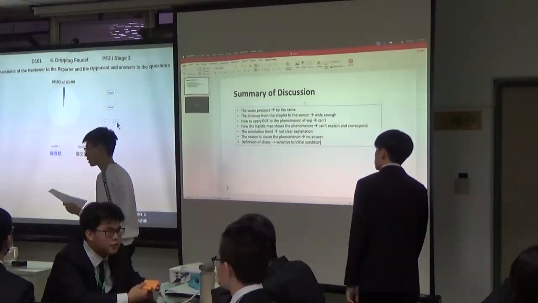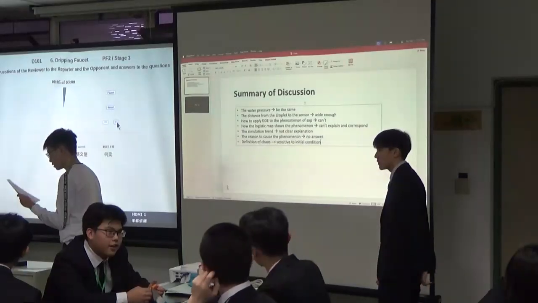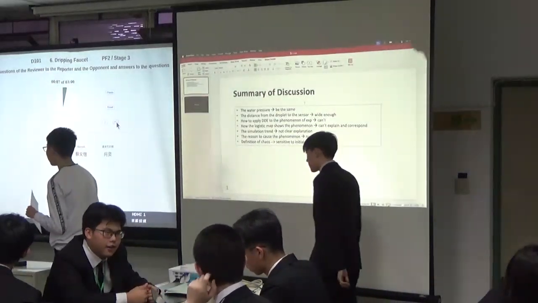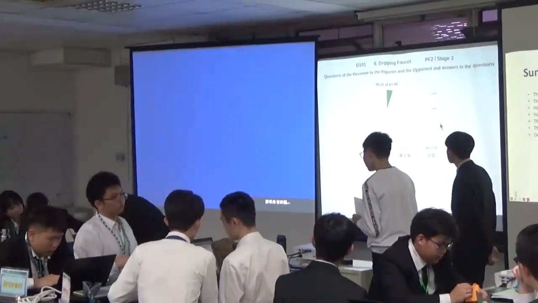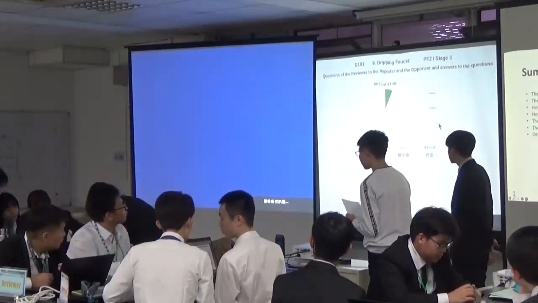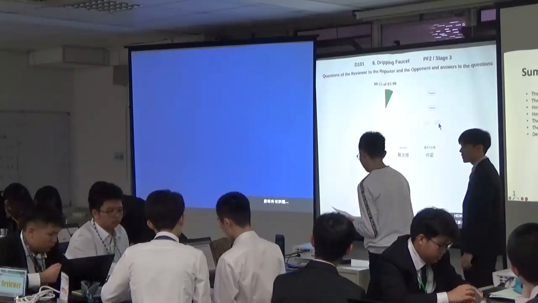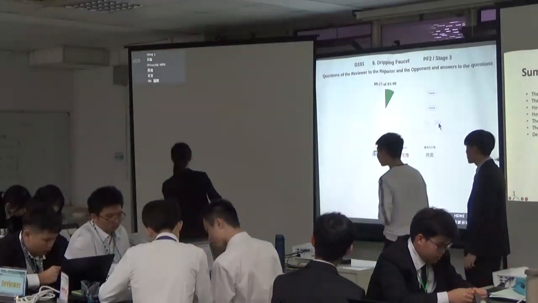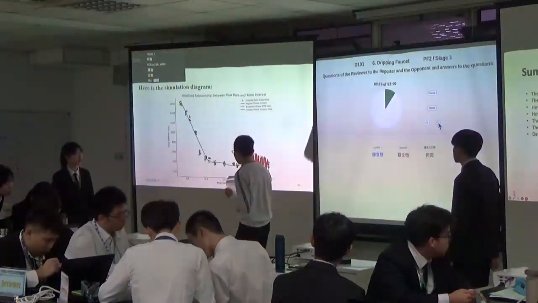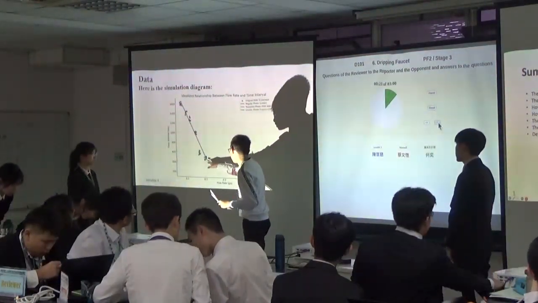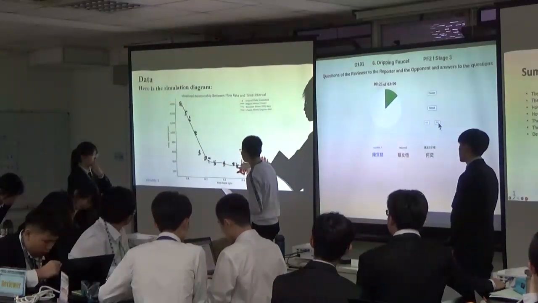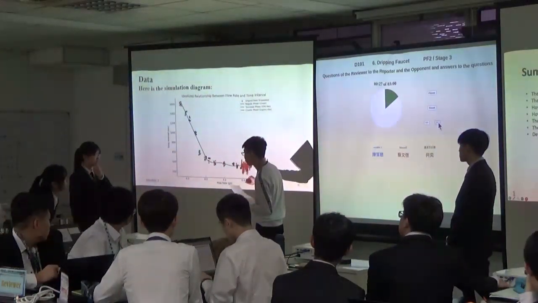Okay, I'm going to ask the reporter about page 35. So you have the graph where this line is linear and this line is about the moderate speed of the flow rate.